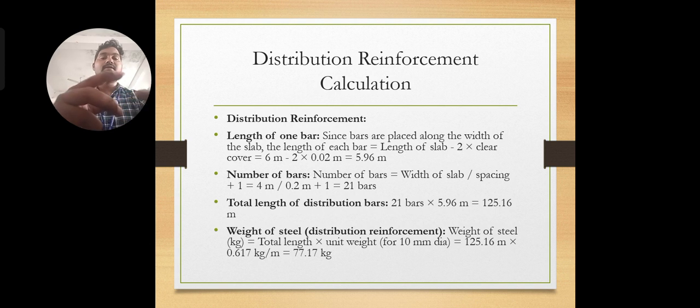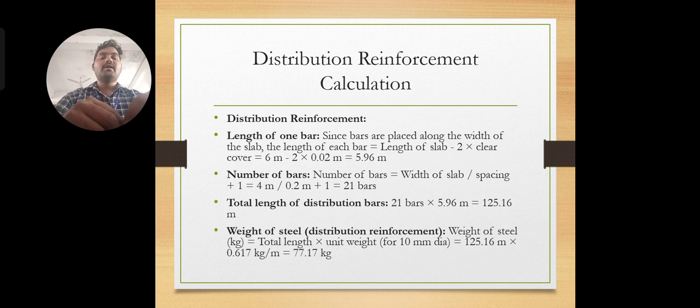The number of bars required is equal to the slab width divided by the spacing, that is what we are going to take.